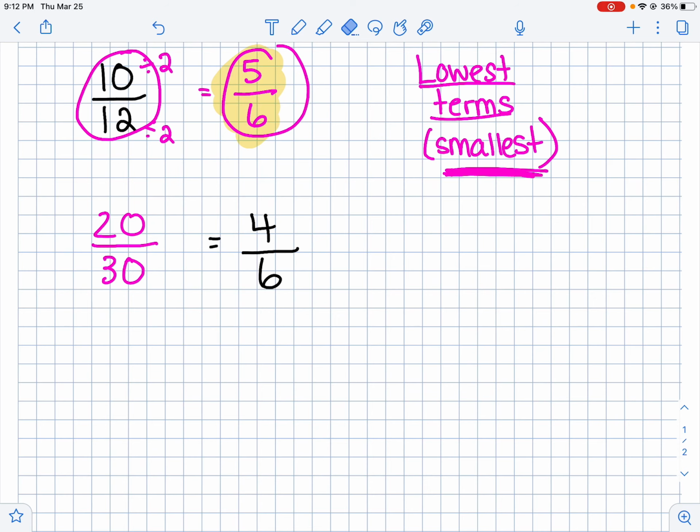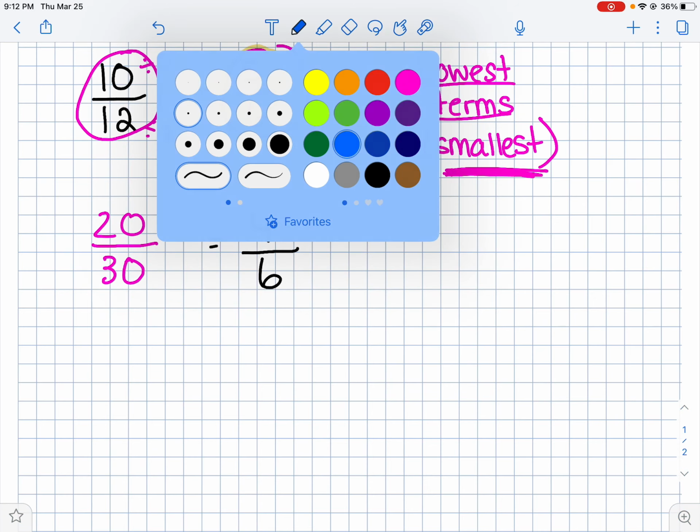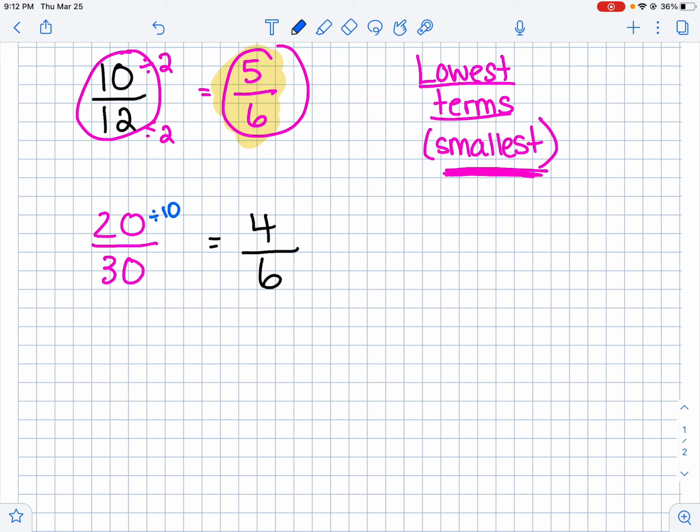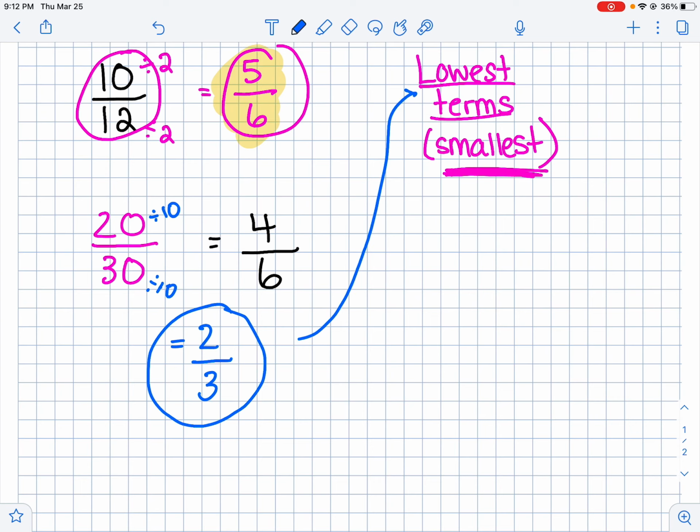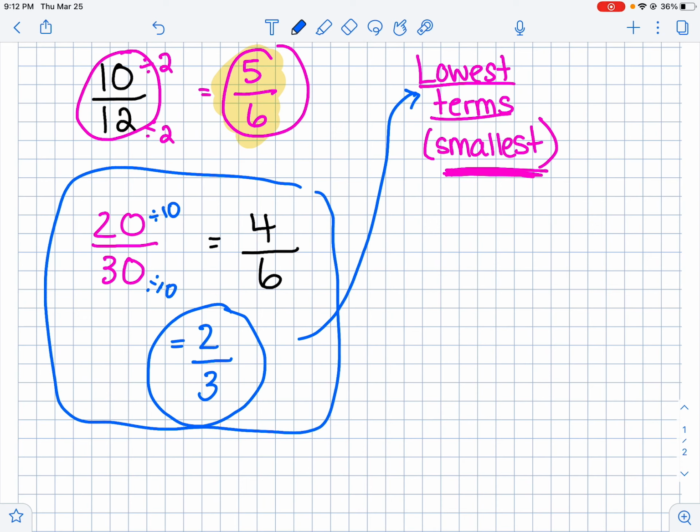Or what else could we divide it by? We could divide it by 10. And then we would get 2 over 3. This one is in lowest terms, but all of them are called equivalent fractions.